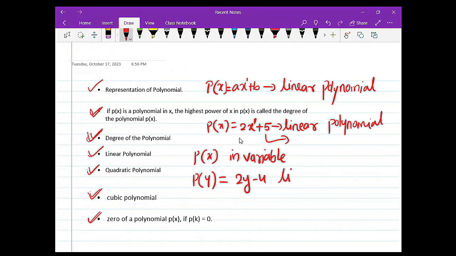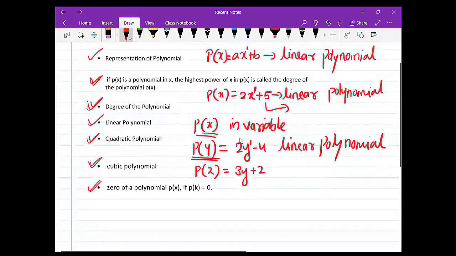This is also a linear polynomial, because the variable is y and the power is 1. So this is a polynomial in variable y. We denote it as p of y. If the variable is x, we denote it as p of x. If the variable is z, we denote it as p of z. Like 3y plus 2.